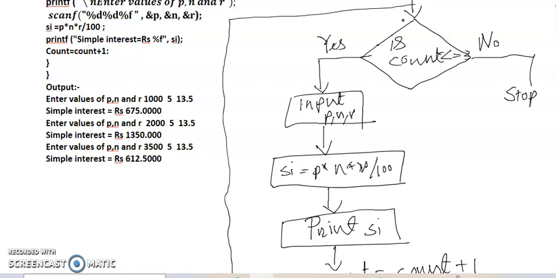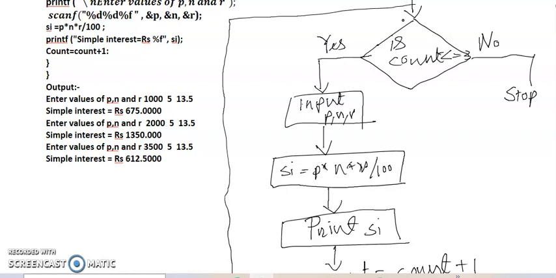Okay, so I think that you understand the flow chart, and the program executes all statements after the while 3 times. The logic for calculating the simple interest is written within a pair of braces. Okay, pair of braces you will see, immediately after the while keyword.